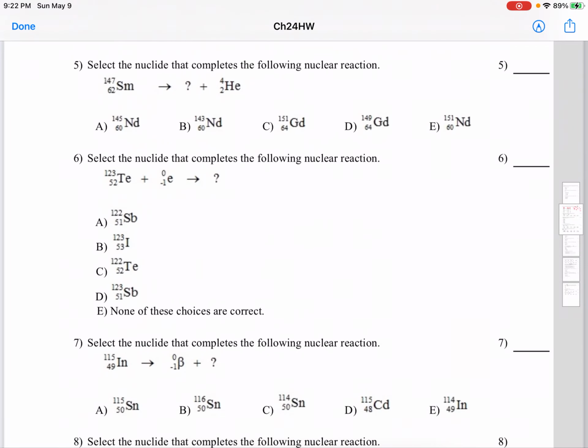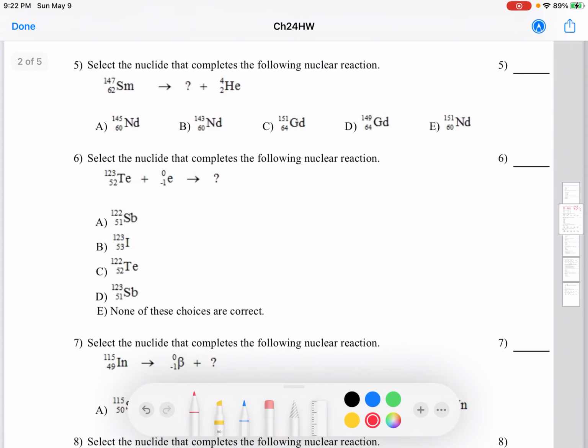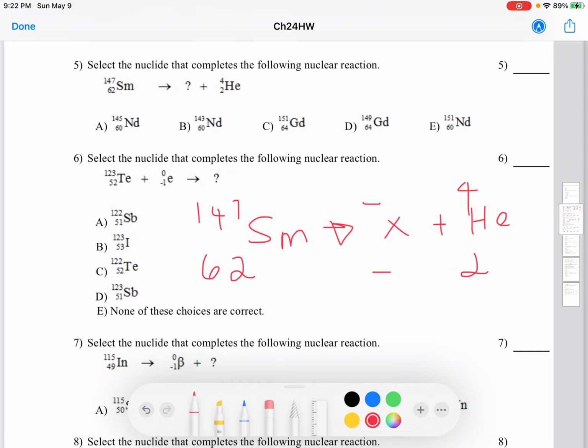Select the nuclide that completes the following nuclear reaction. So you have samarium 147, 62, and helium 4, 2. So the new nucleus that is going to form, its mass and charge, when you add the two together, should equal 147. So 147 minus 4 is 143.